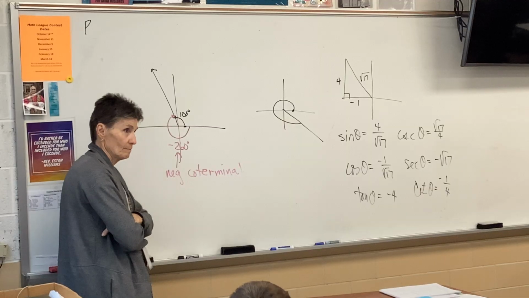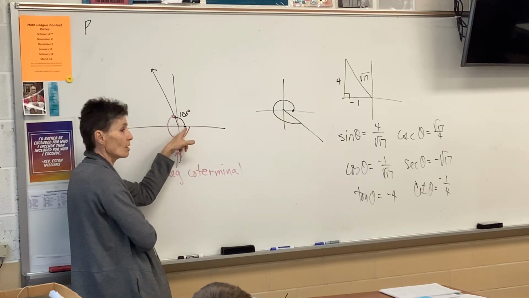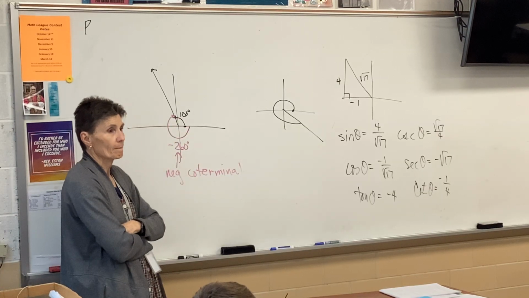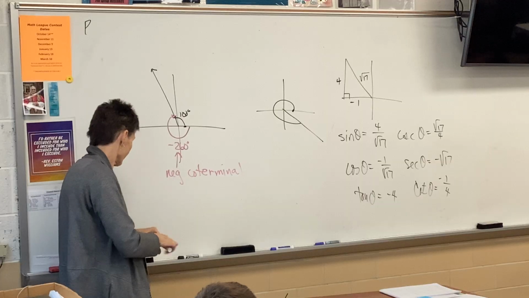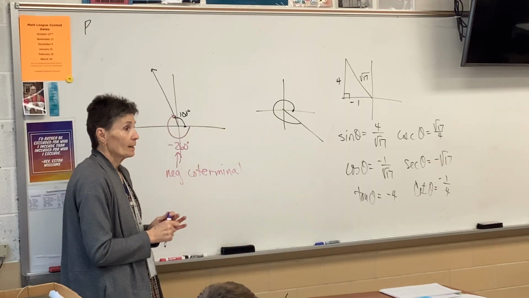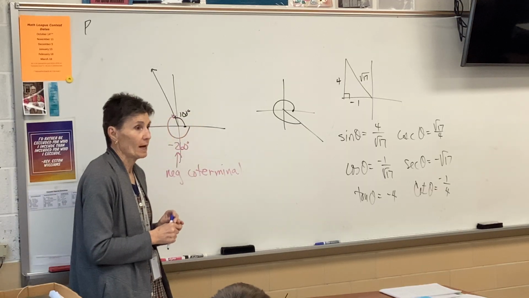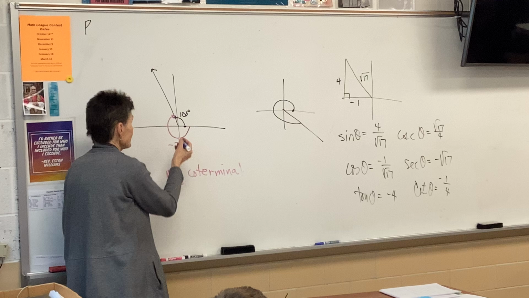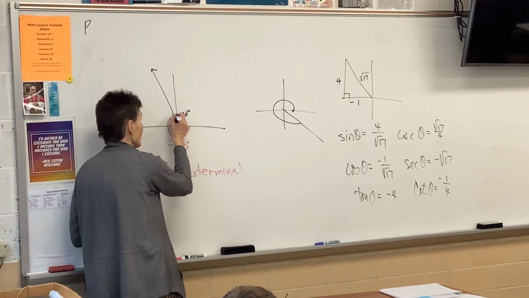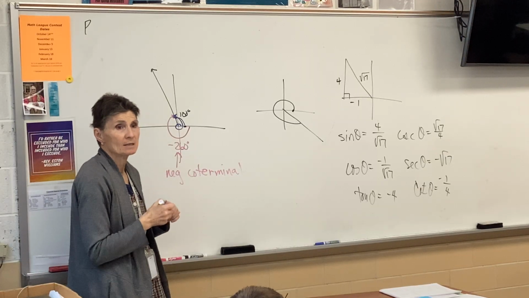Okay, think of another one. Another angle. Open your mind. Think of another angle that starts here and stops there. How about 460? What does 460 degrees look like? 460 would go all the way around and then 100 more. So would it stop in the same place?